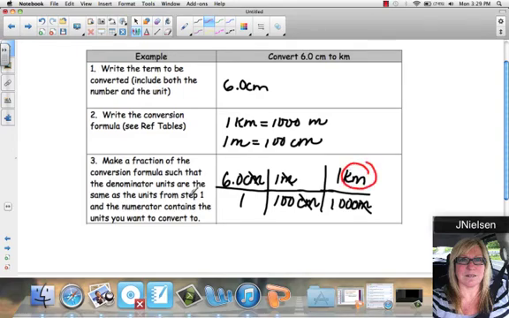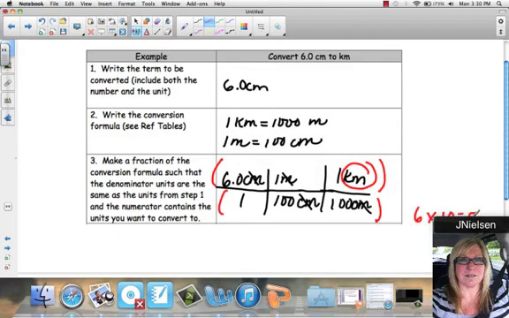Well, this is simply a fancy multiplication and division problem. I take everything that's in the numerator, 6 times 1 times 1, and divide it by everything in the denominator. So in my calculator, I'll put 6 divided by 100 and then divided by 1,000. I get 6 times 10 to the negative 5 in scientific notation.